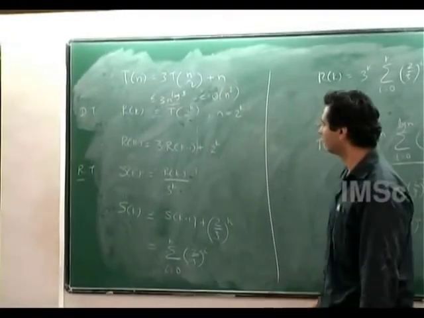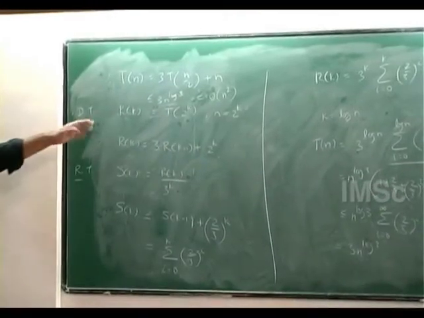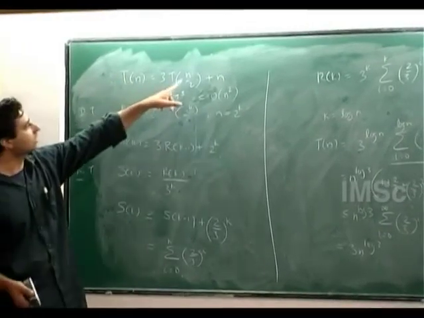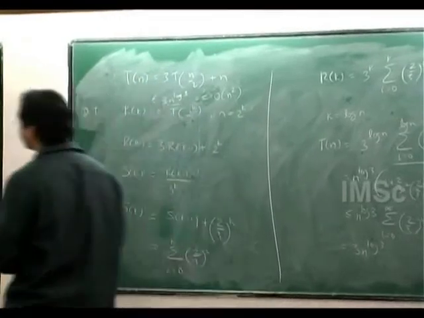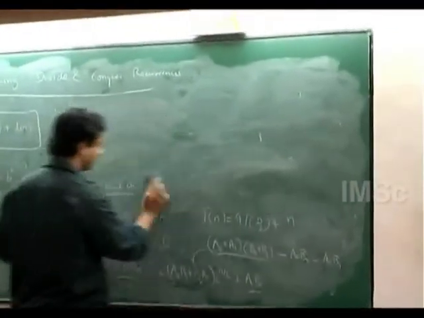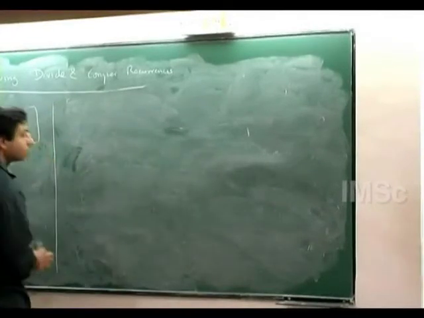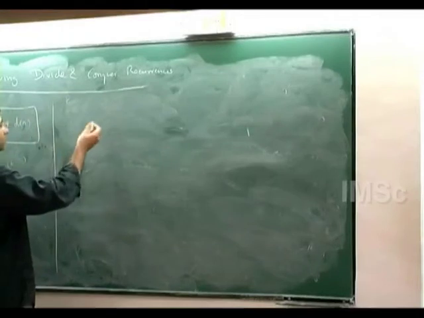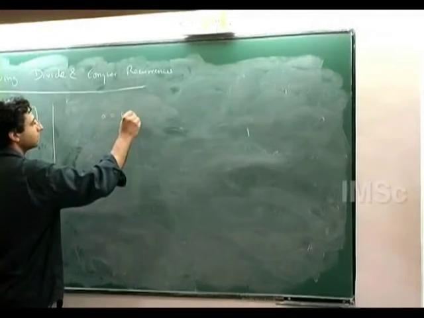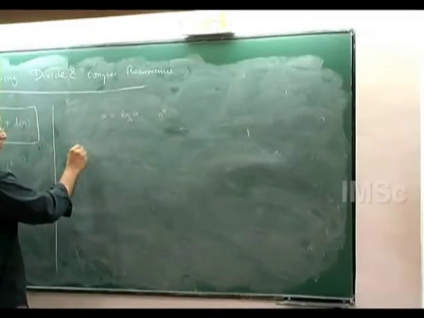If you know the master theorem, you can directly go from this to this, right? What does the master theorem say? Let's try to recall the master theorem. For this recurrence, the master theorem defines this watershed constant alpha as log of a base b, and this watershed function n raised to alpha, and there are 3 cases.